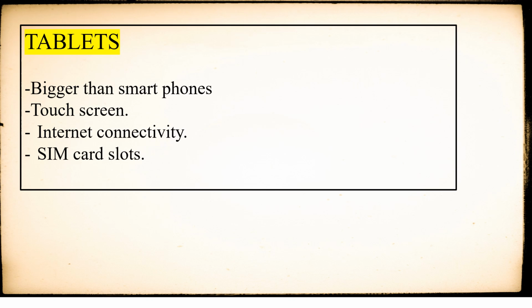Some tablets can have SIM card slots, which help to connect with the mobile network. So these are the basic categories of phones. We talked about the mobile phone, the smartphone, the difference between the traditional mobile phone and smartphones, then specialist phones, and then tablets.